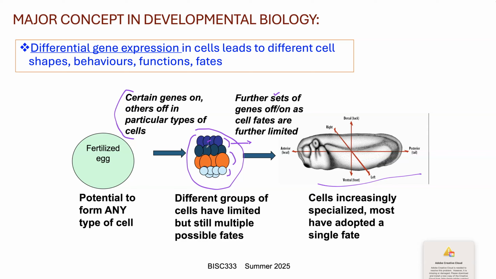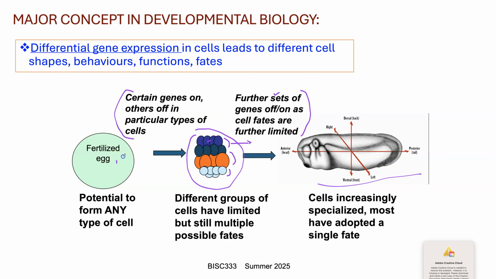And so as you go, every time the cells divide or rearrange or any kind of change takes place, you're looking at a different batch of genes that have been either activated or turned off, or most of the time some on and some off, that will then restrict what a cell can be.